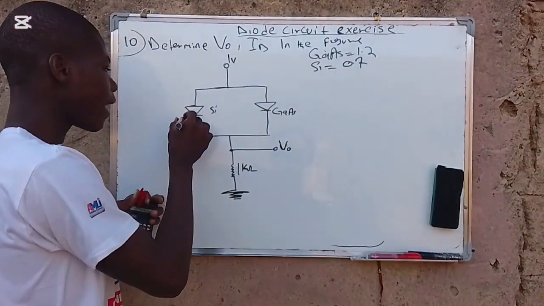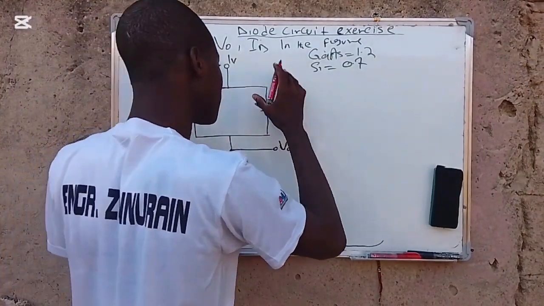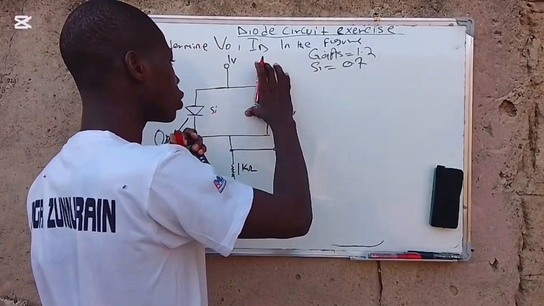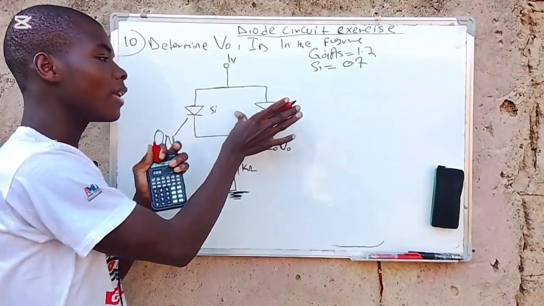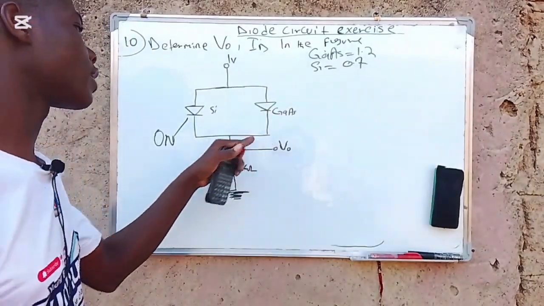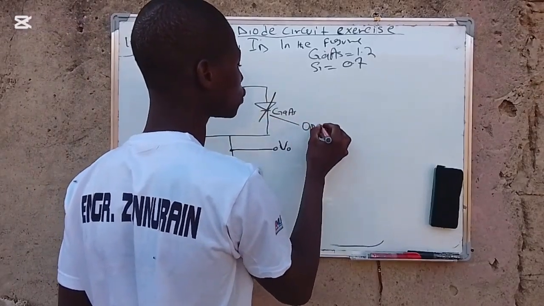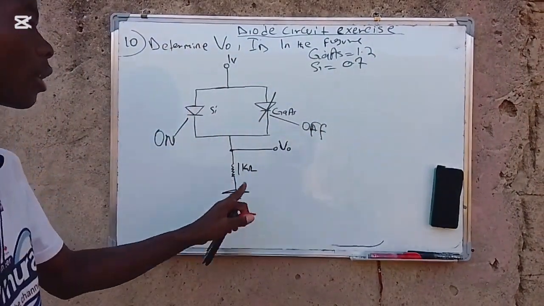As you can see, this diode is on, because at the same time we can't have both: this gallium arsenide is much higher than this silicon diode, which is very much less. So automatically this one will be off, so that we can find the current in the circuit.